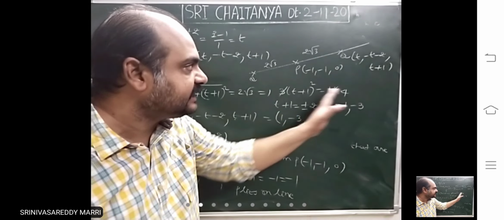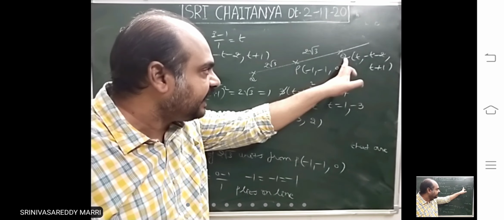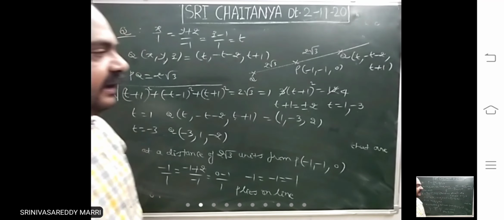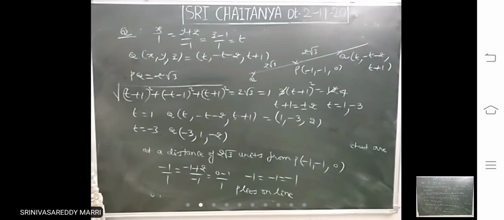So for every point on the line there is one value of T, and if you calculate that T, you can calculate the point easily.